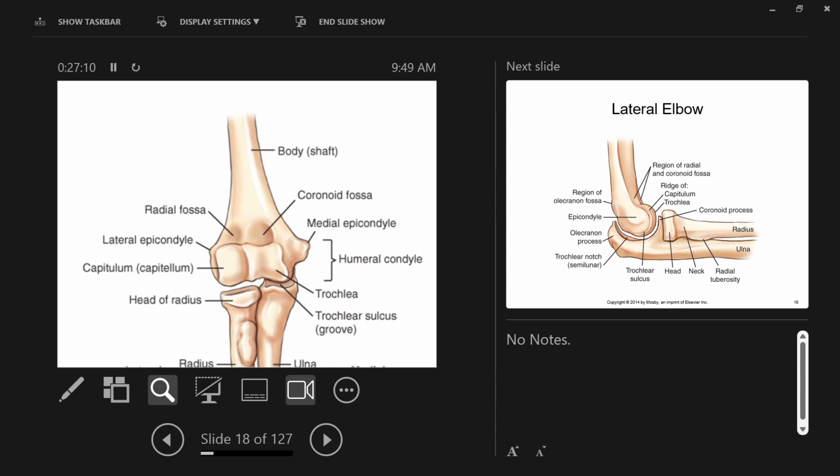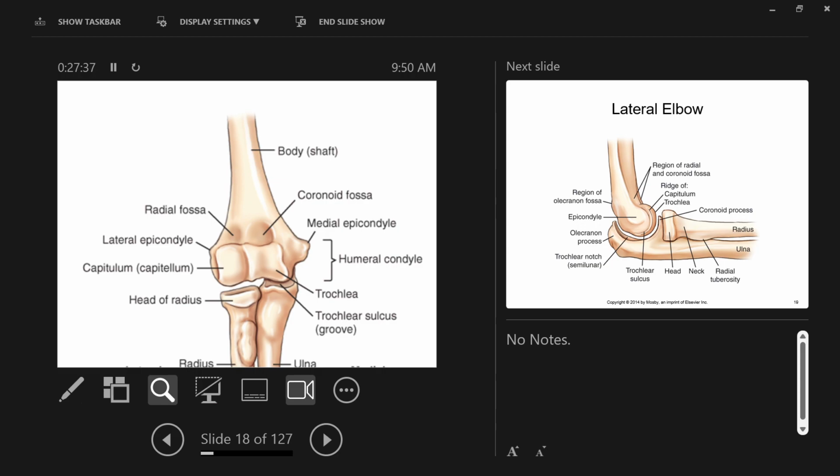In this case, let's start proximal and work distally towards the elbow. We're going to be doing most of this lecture on the forearm and elbow. Most of this is going to be talking about the elbow because there's more happening here. Anyways, our elbow joint is made by the distal humerus, proximal radius, and ulna. Let's start proximally on the humerus and let's work downward.